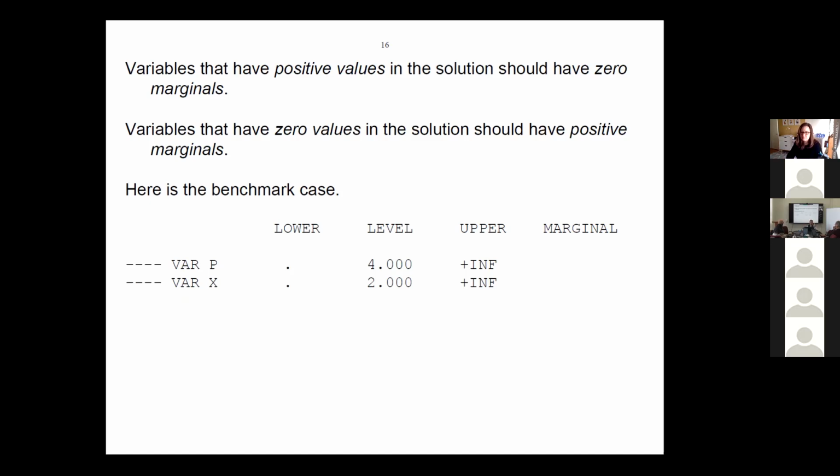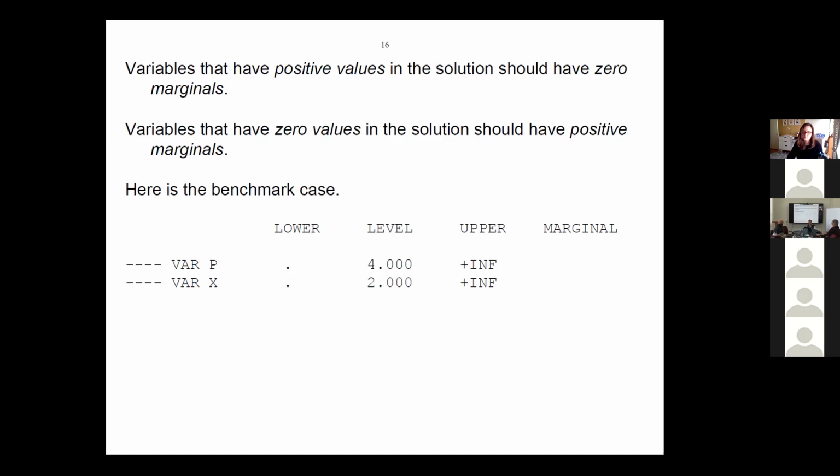For each variable, there are 4 columns. The lower level of the variable, where the dot means 0, so you declared it as a non-negative value. It's just setting the default lower value at 0. And the level, which is the solution value. And then the upper value is plus infinity, which is also the default by simply calling it a non-negative value.